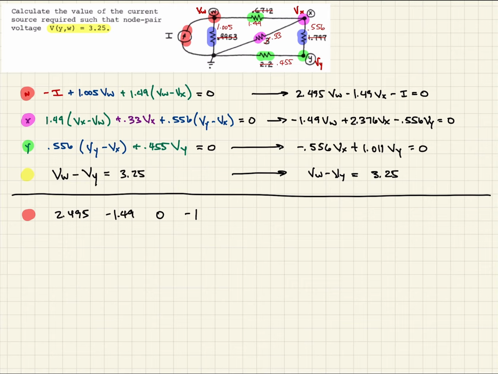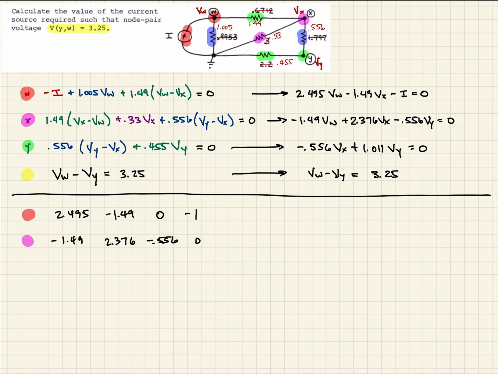And then for the purple, we're going to have minus 1.49, 2.376, minus 0.556, and 0.